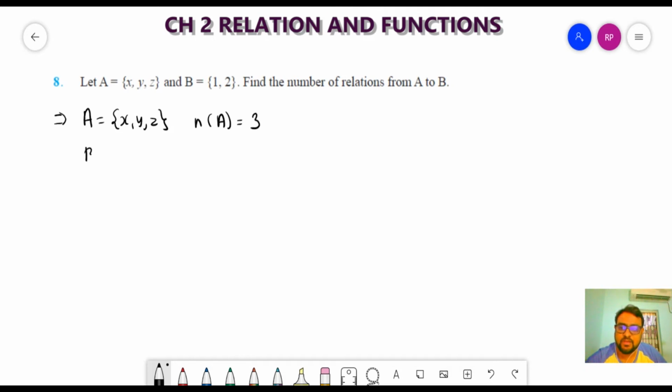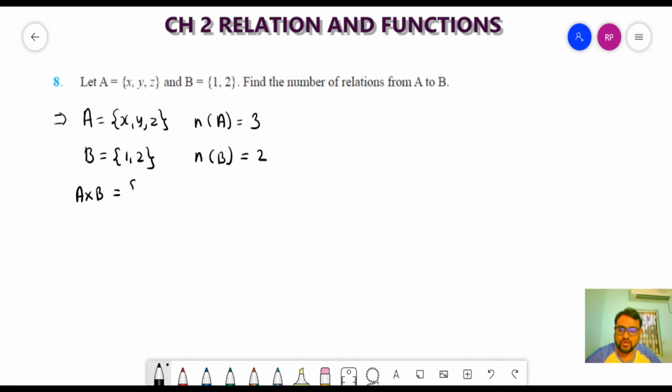Now set B is equal to 1, 2. What are the number of elements of B? 2. Clear? Now what is a relation? Relations, they are subsets of A cross B. Right? If I want to find out the relation from A to B, then it will definitely be a subset of A cross B. So if I take A cross B, the number of elements will be equal to 6, right?